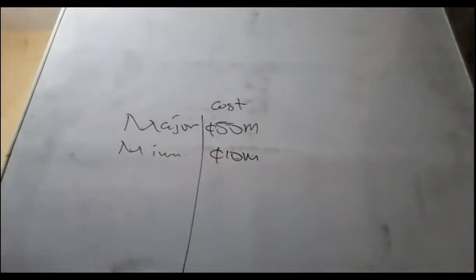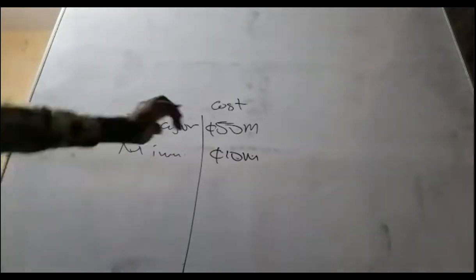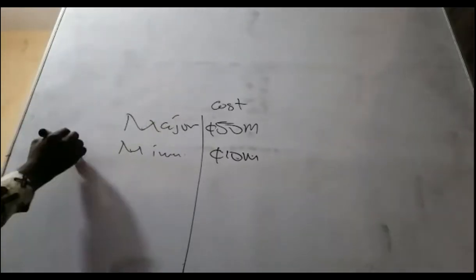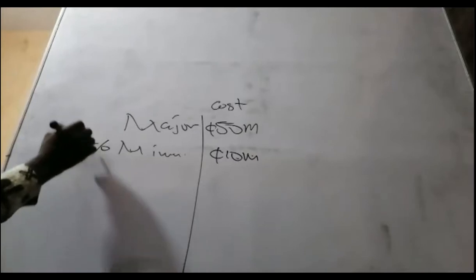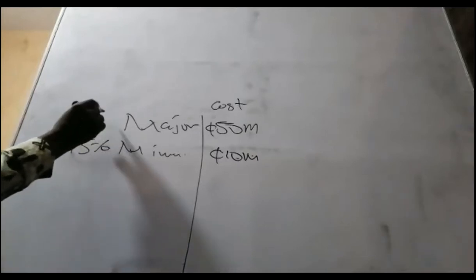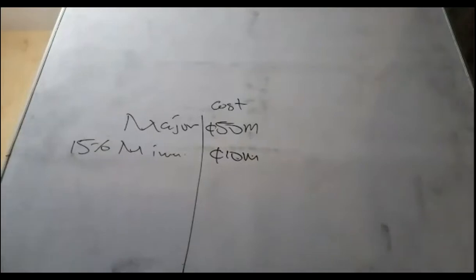Now, in this question, they are saying that 15% will score minor, and 80% will score nothing because we need no repairs.